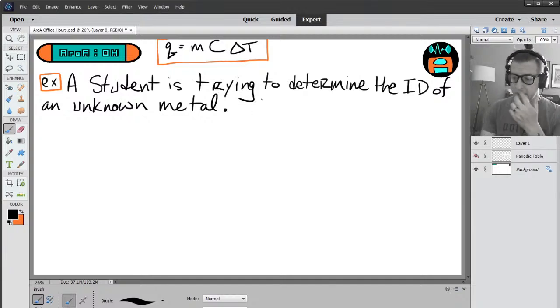Let's see. They're trying to determine the identity of an unknown metal.